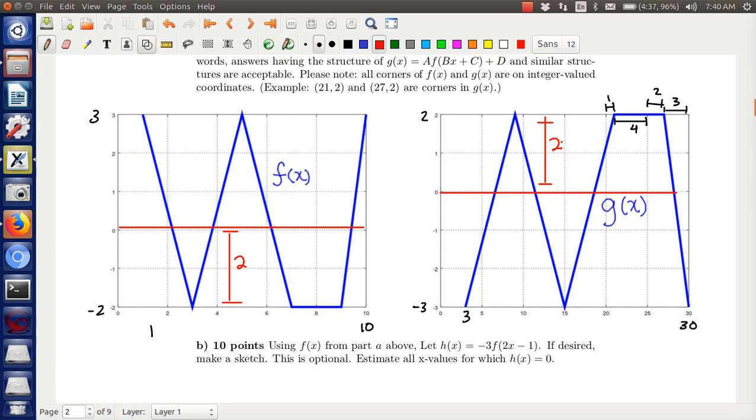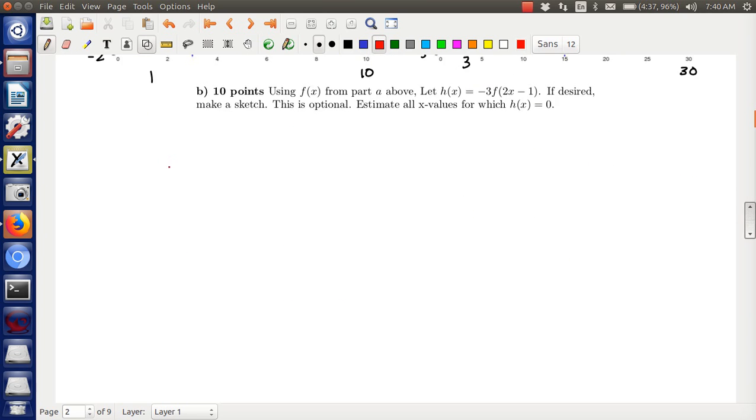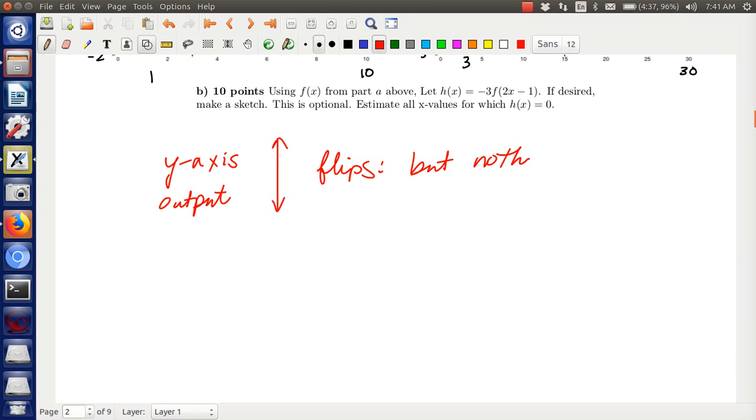So you realize that this thing flipped, but that there's no other thing going on in the y-axis. On the y-axis, which I'm calling the output of your function, it flips, but nothing else happens.